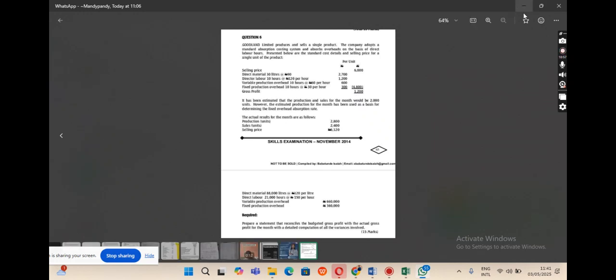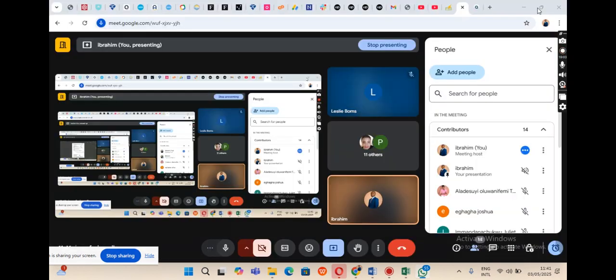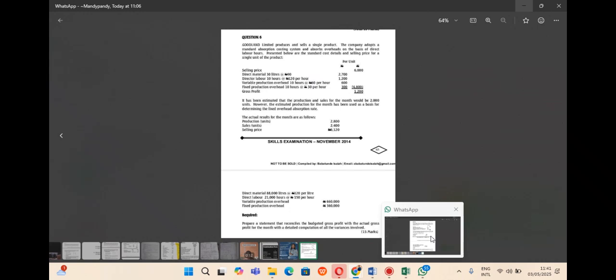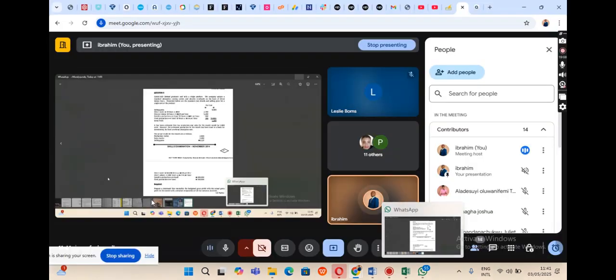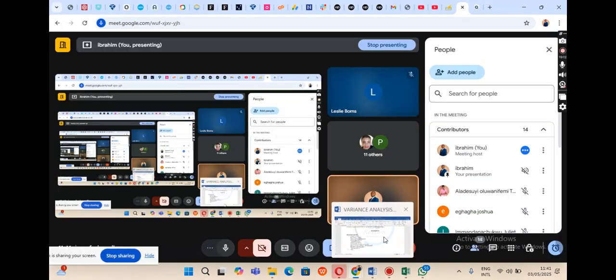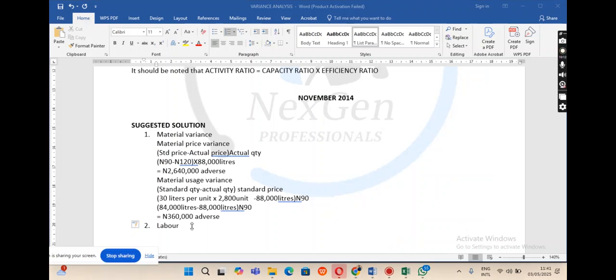That's why I just like the PDF. If not, this thing will just be delaying us. But it's fine. So, labor variance. Please, next time you want to send this, always send the PDF.